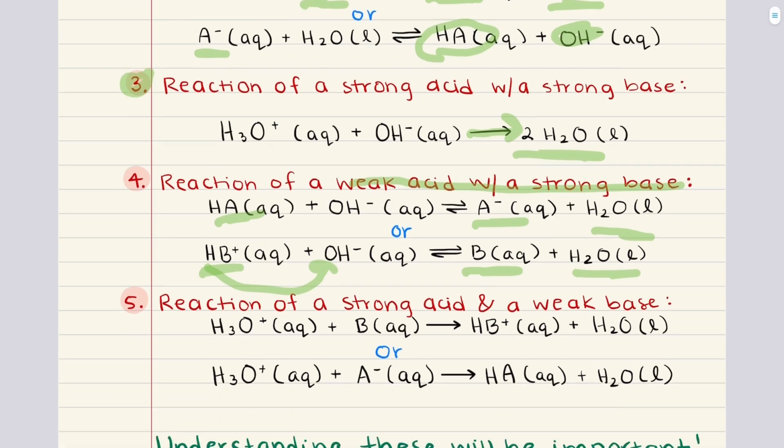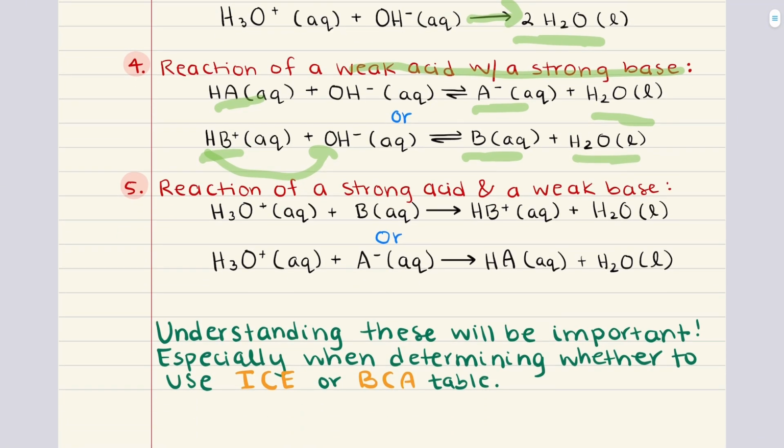The fifth type is the reaction between a strong acid and a weak base. The hydronium ion from the strong acid donates a proton to the weak base, forming the conjugate acid of the weak base and water. Alternatively, if the weak base is negatively charged, the hydronium ion donates a proton to form the corresponding weak acid and water.